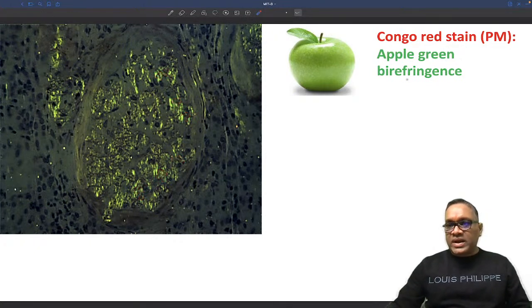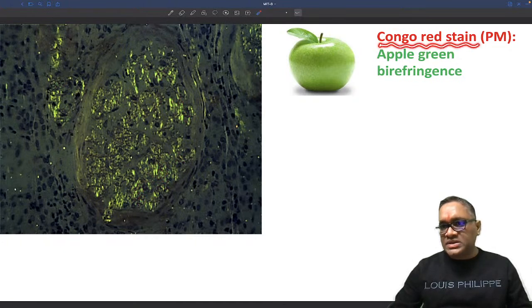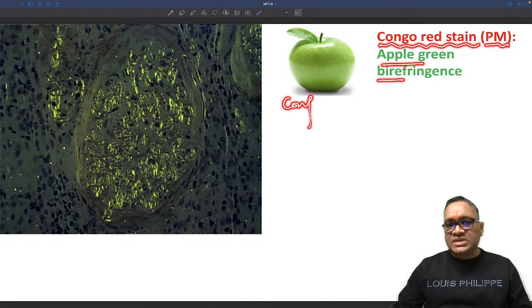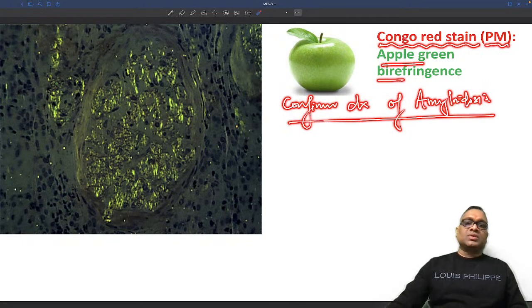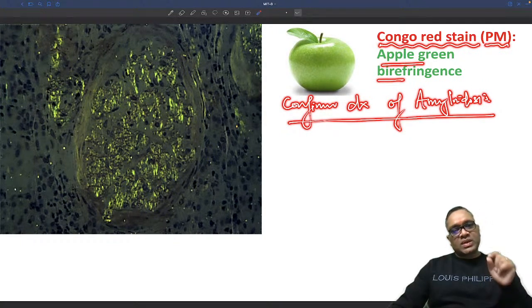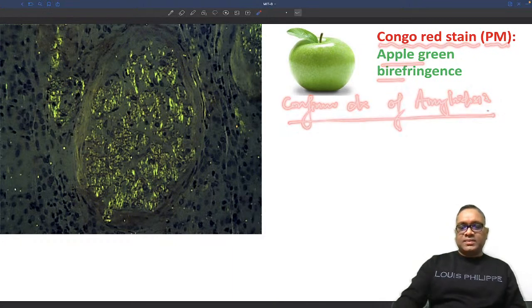So Congo red with polarized microscopy, apple green birefringence, will confirm the diagnosis of amyloidosis.